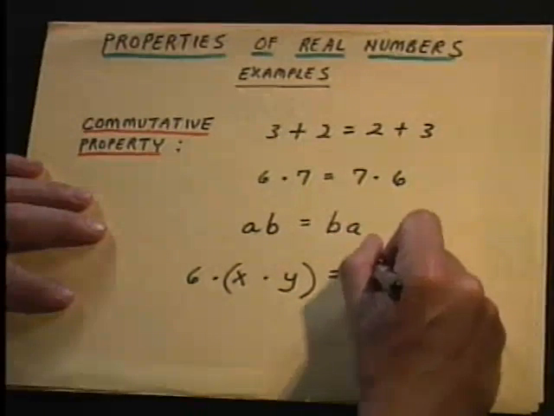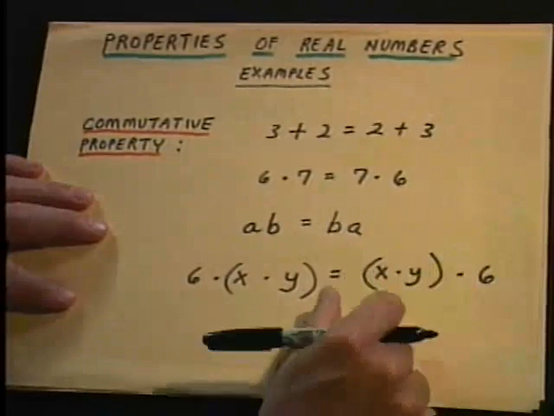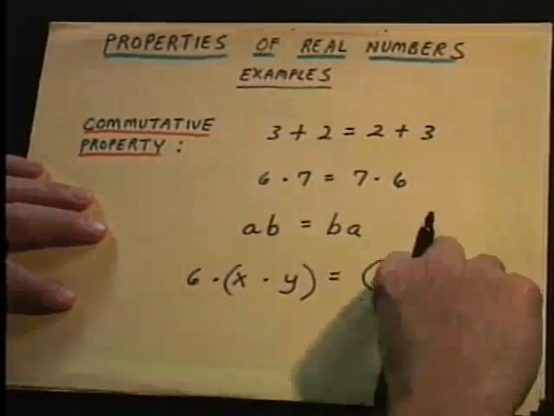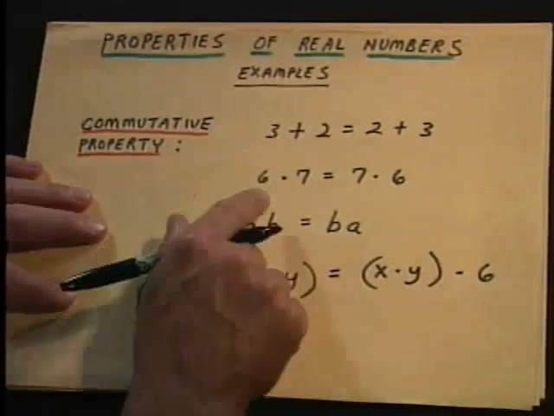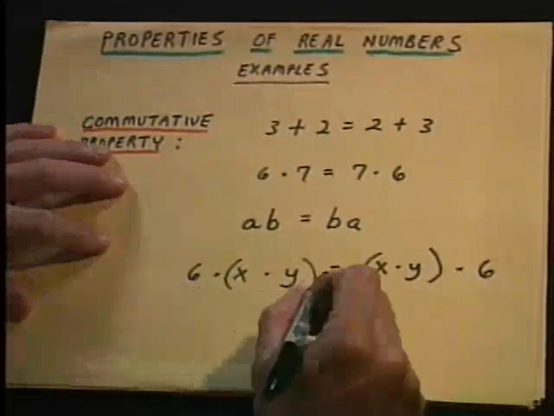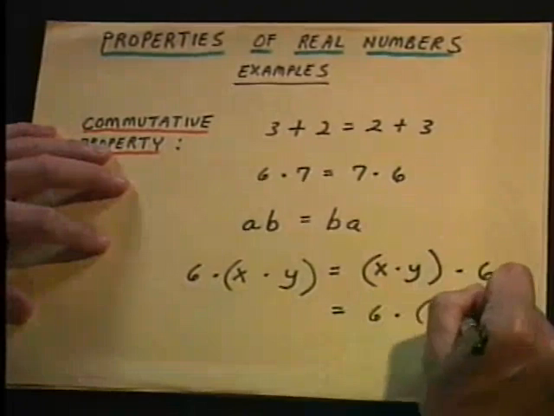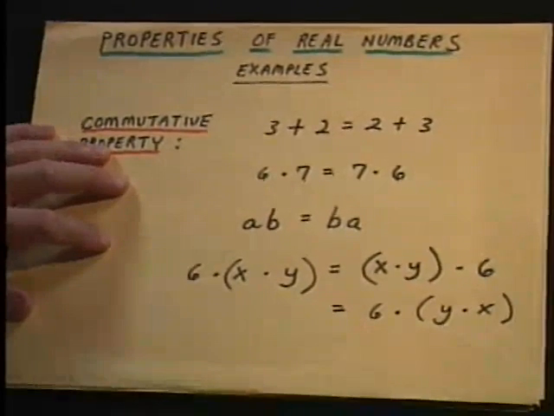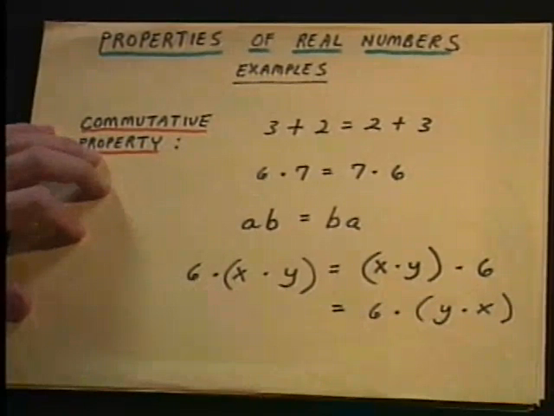We could write x times y times 6, taking this quantity and flipping it around. And if you think about it, commute, if you're commuting somewhere, going back and forth means you're going somewhere and coming back. It just means you can flip these around. Or you could also say, just flipping this one around, 6 times y times x. All right, so several different illustrations using the commutative property.